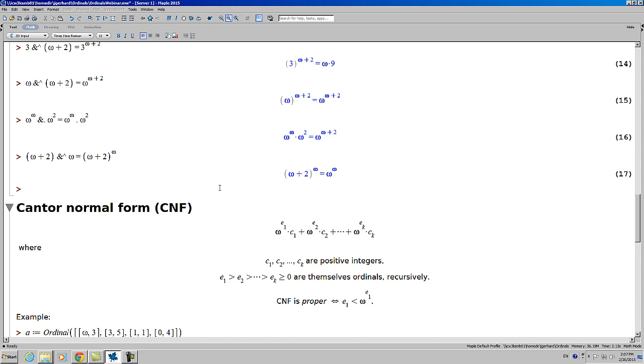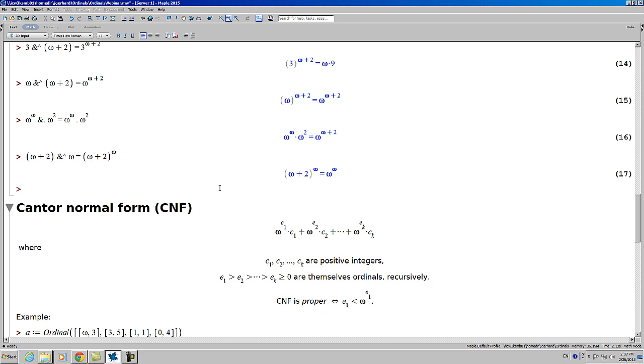So here's an example of how I can directly construct such a Cantor normal form. In Maple, I would use the Ordinal constructor, and I pass in a list of pairs where the first component in each pair is the exponent, the e, and the second component is the coefficient. So the e1 would be omega in this case, so remember that the exponents can be ordinals again.